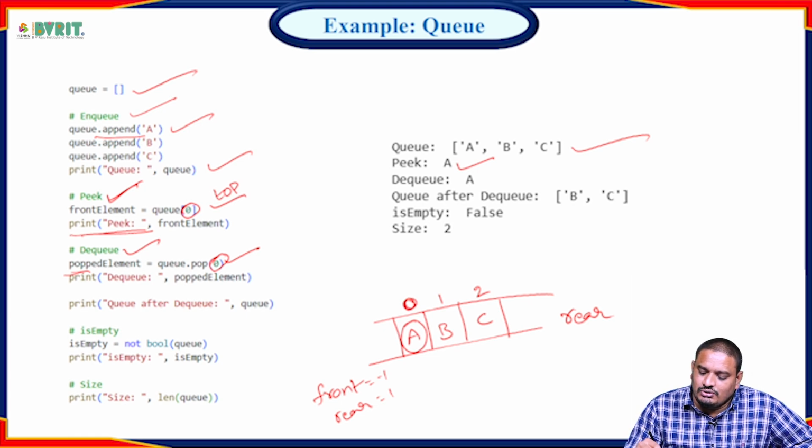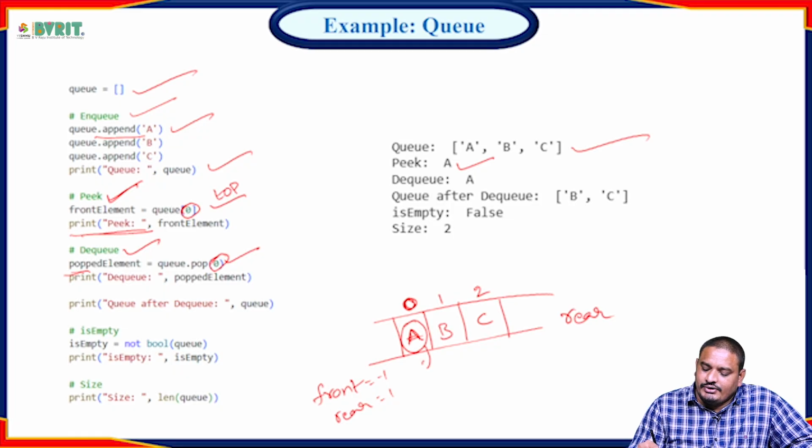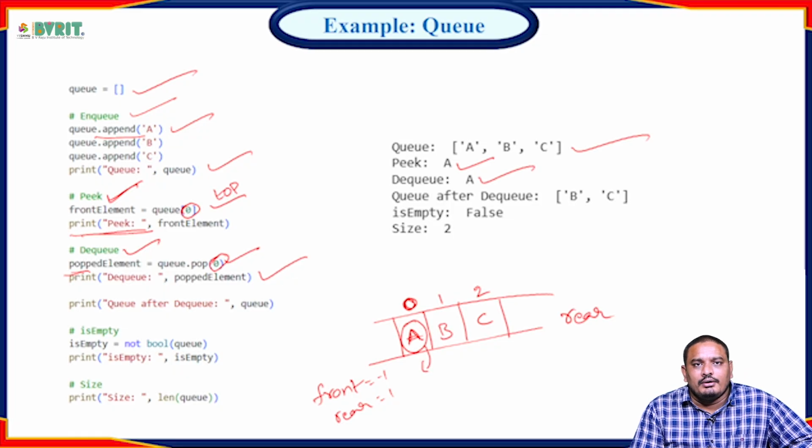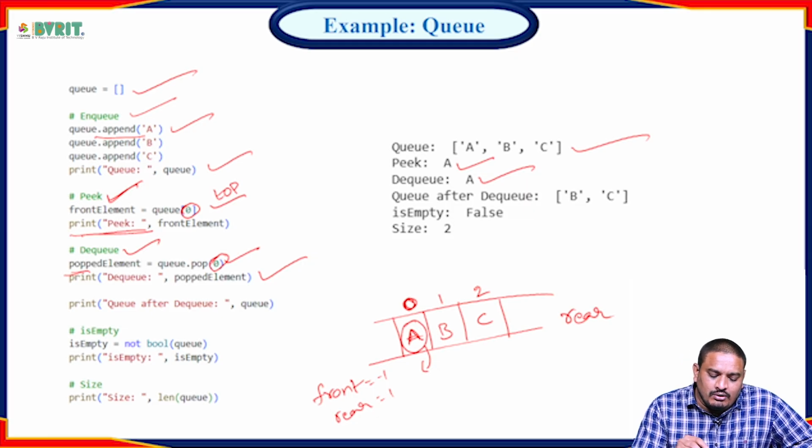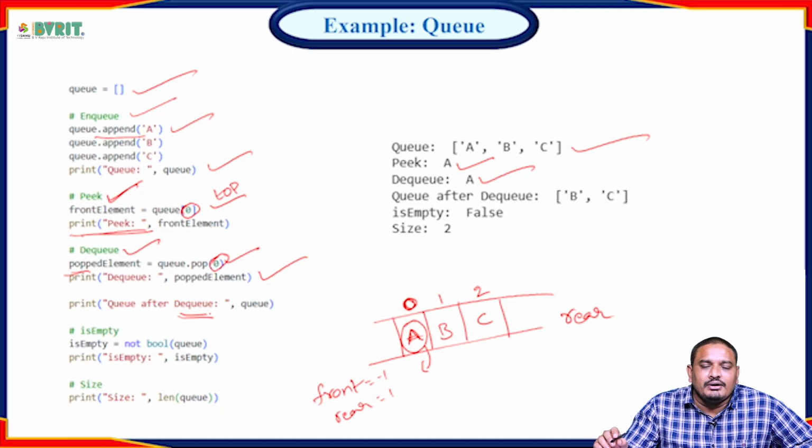The 0th position value is A, so the A value is deleted from the Q. That is DQ equal to A. Next, print the Q after the DQ operation. After deleting the element A, the remaining elements are displayed: B and C.